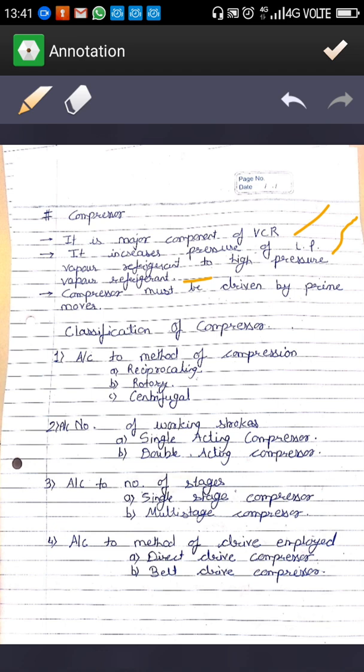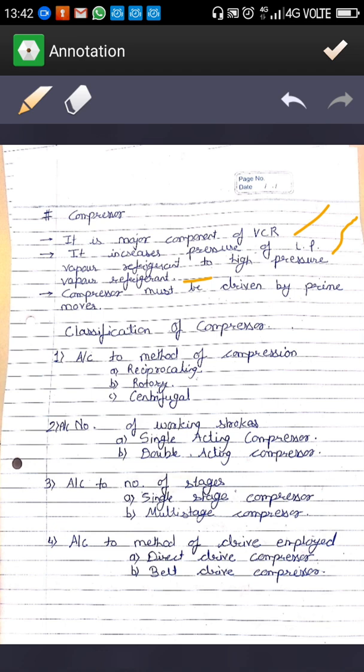So what you can see there is a fan. Where the fan is used to compress the air, it is a rotary compressor. And the centrifugal compressor is again another type of compressor where we are using centrifugal force to increase the pressure of air.